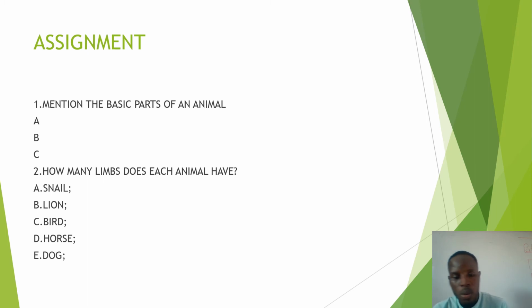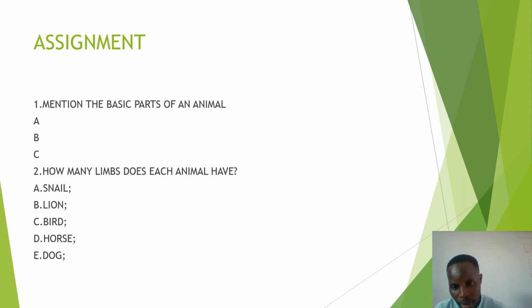So you have looked at the basic structure of an animal, and we said that the main basic parts of animals are three: head, limbs, and trunk.